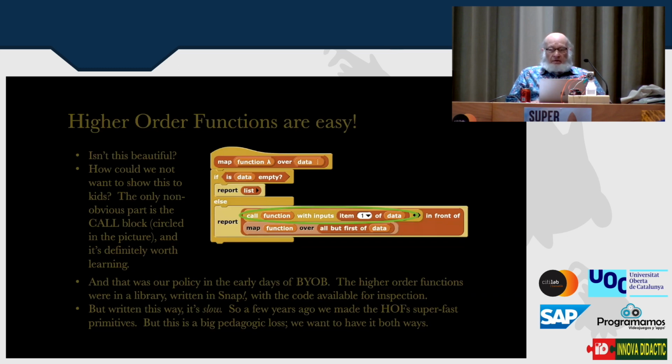And that increases the range of problems we can solve, because things can run fast, and that matters. But it's also a big pedagogic loss, because we don't have this to look at anymore. So we really want to have it both ways.